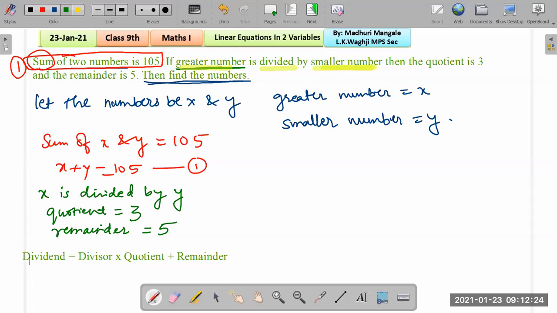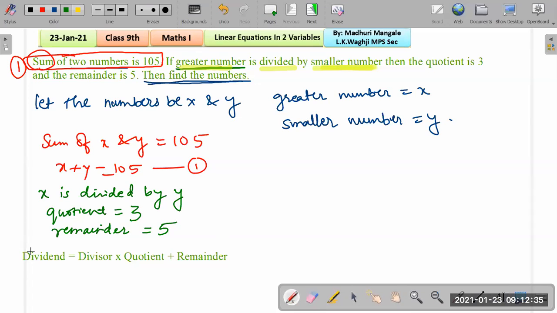Now look at the second one. From the second condition, how do we get the equation? Dividend equals divisor times quotient plus the remainder. What is the dividend? X is divided, so x is the dividend, equal to the divisor. Y is dividing it, so y is the divisor, times quotient, which is 3, plus the remainder, which is 5.